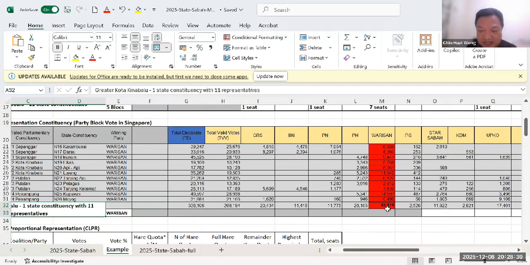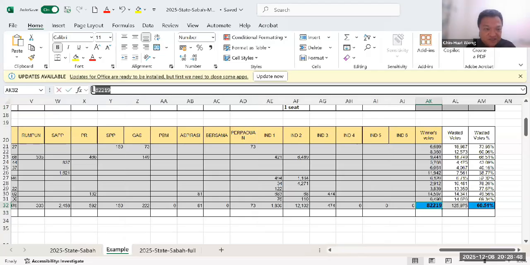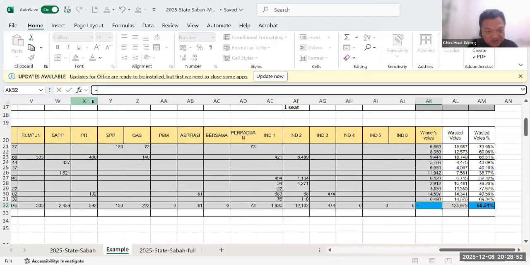So now we look at which party is the largest. The way you want to do it here, I could actually use a formula. Let me show you. I can use max or I use large. Large, and then I go back from here.